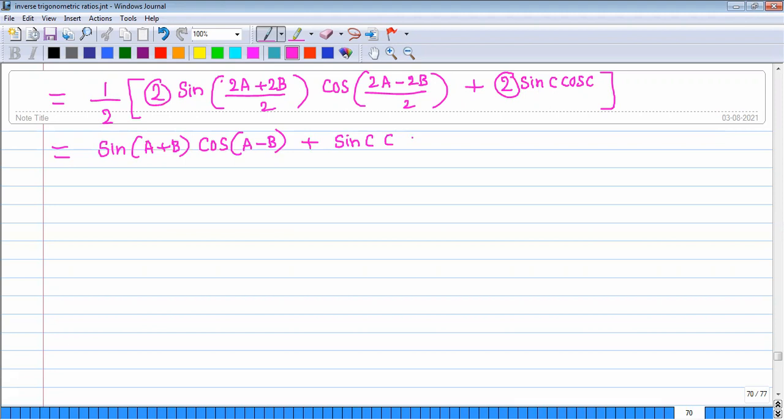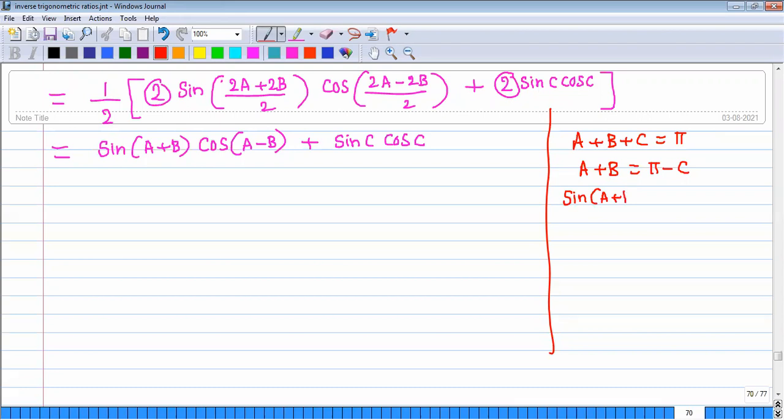Okay, my dear students, you remember here a plus b plus c equals 180 degrees. So a plus b equals pi minus c. Sin of (a plus b) equals sin of (180 degrees minus c), that is sin c.